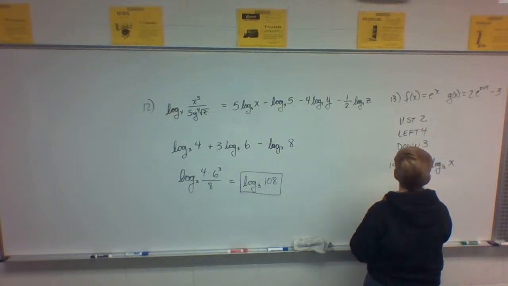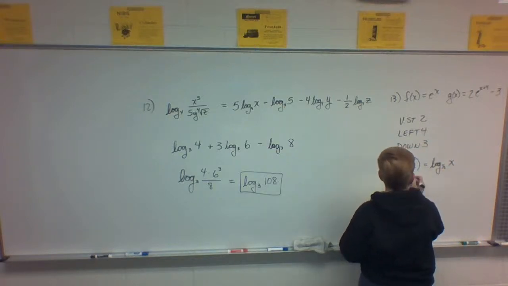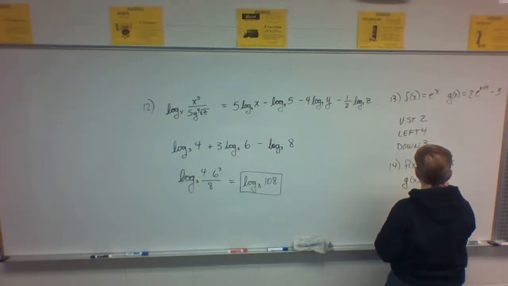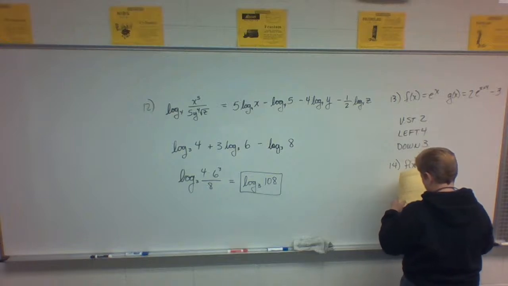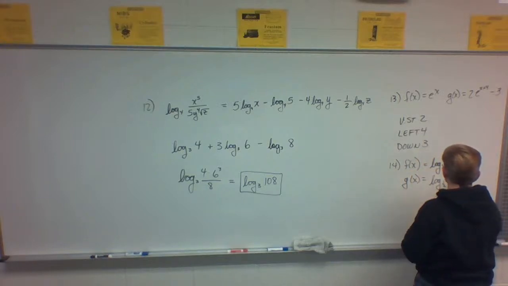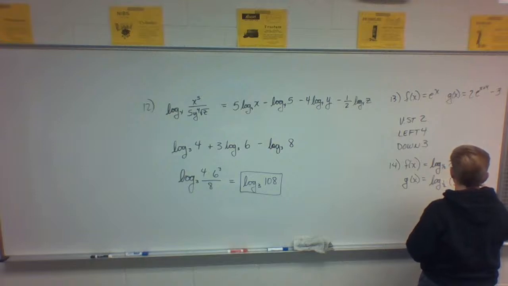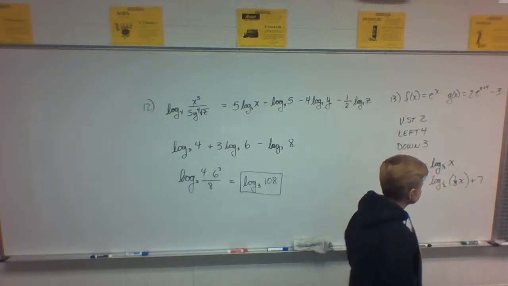And g is, I've got room over here, so I'm going to put g down here. G of x is going to be something like this. The log base 1/2 of 1/3 x plus 7. Something like that.